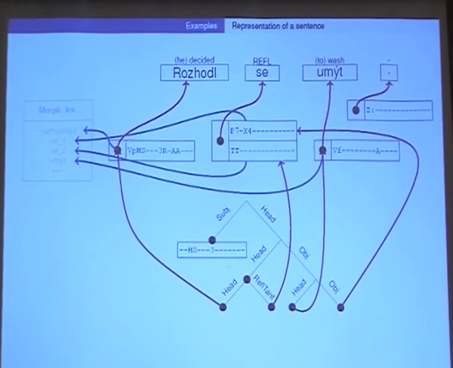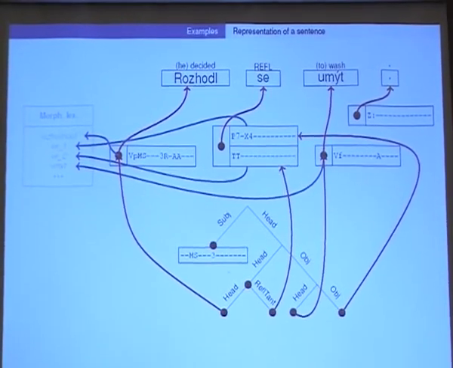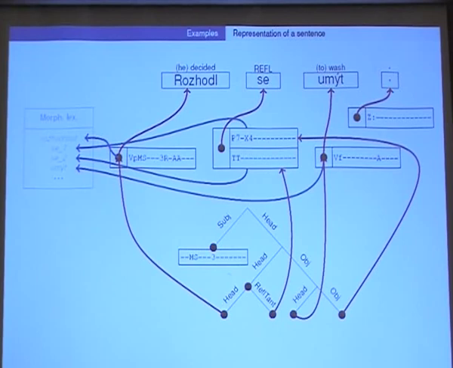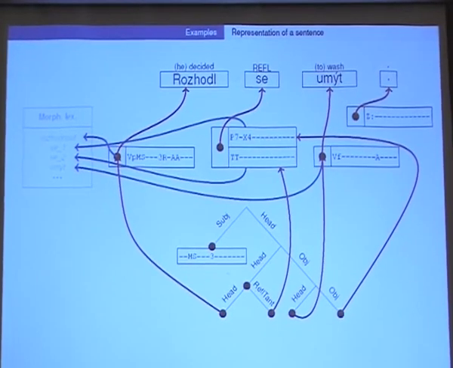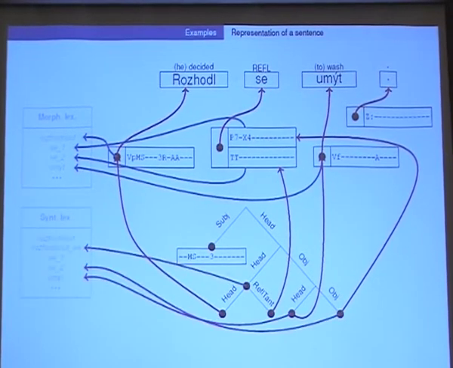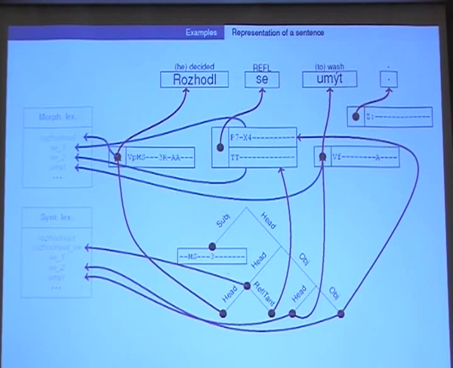We see the links to the morphological level from individual leaves of the tree. And then also, we see the links from non-terminals. For instance, there is a node representing this, the pair verb and reflexive se. There is a pointer to the syntactic lexicon, rozhodnout se. This is a very important aspect of the whole structure.